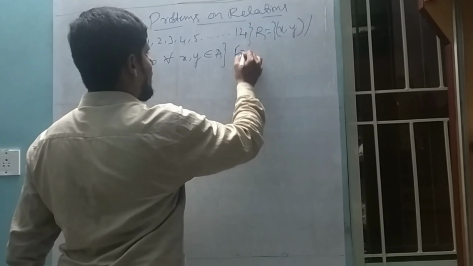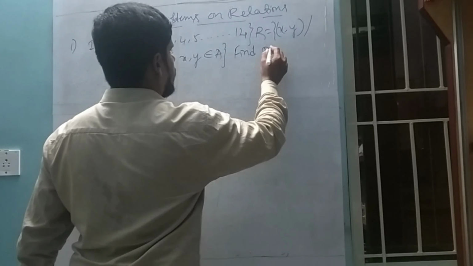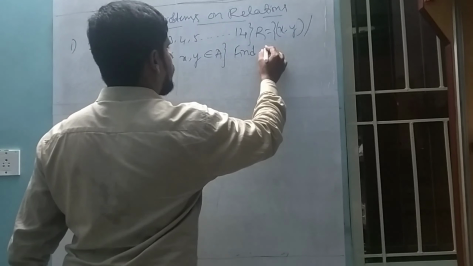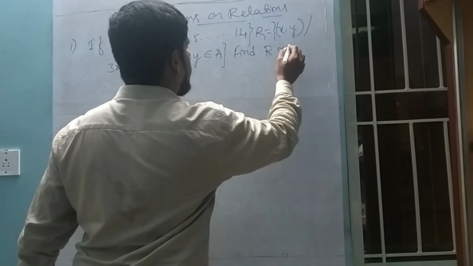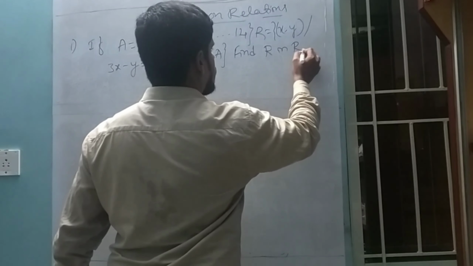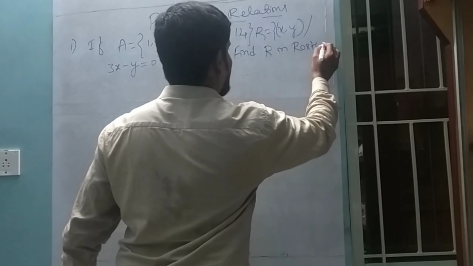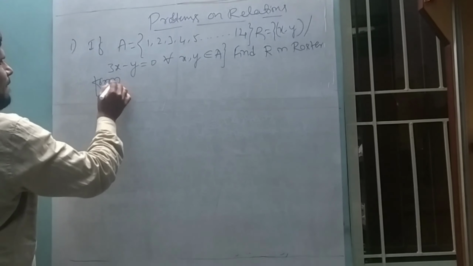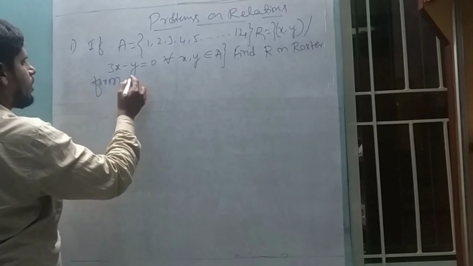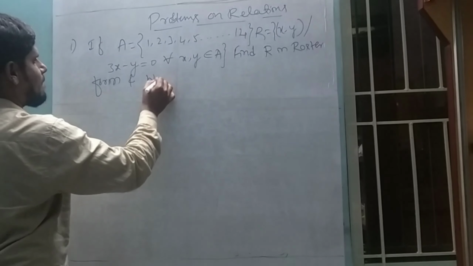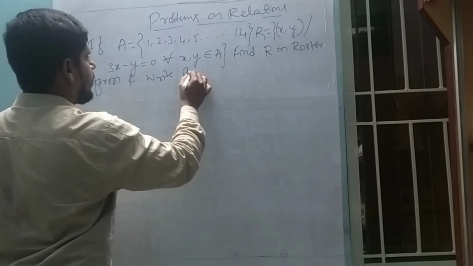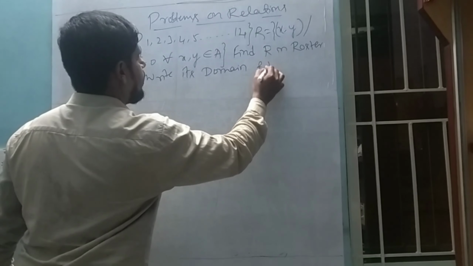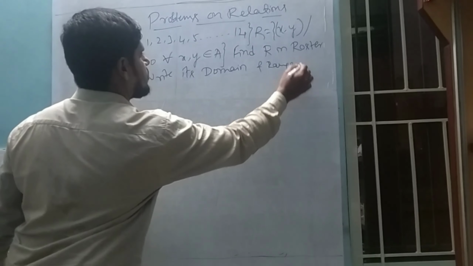Find the relation R in roster form, and write its domain and range.